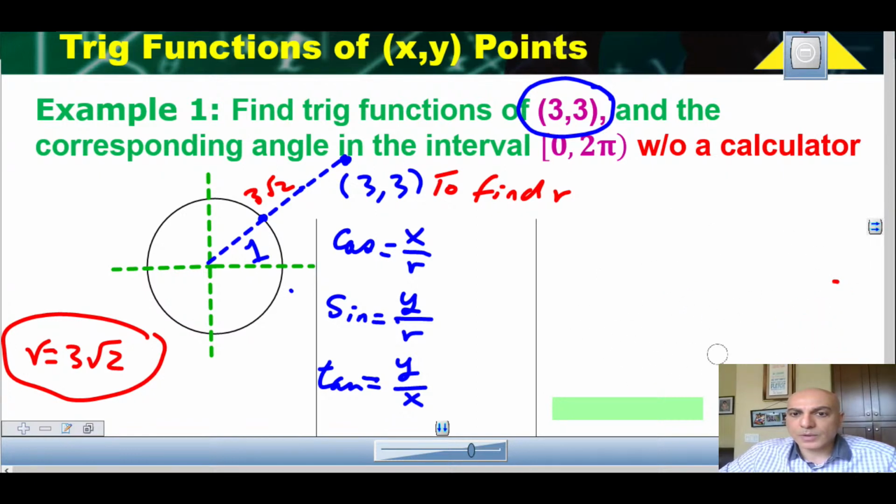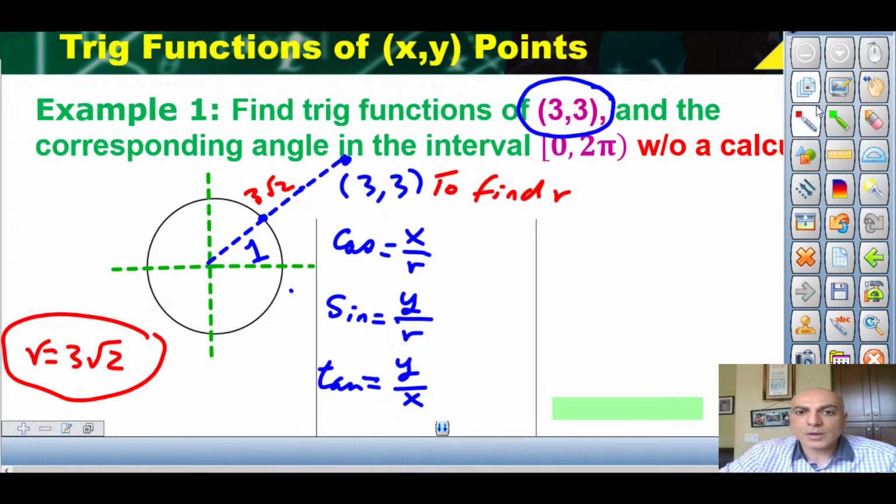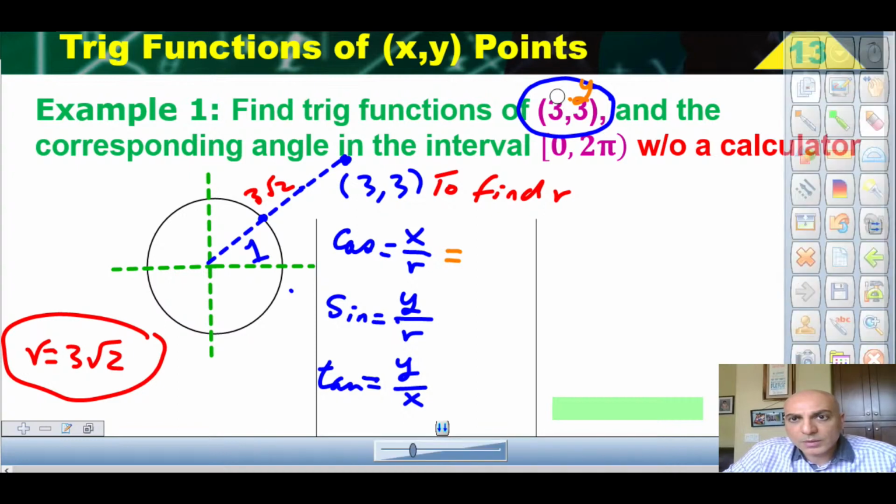And now try to fill in this information here. Okay, so back to this guy here. You're telling me that this is x, and x to me is 3. Remember, this is x and y, x and y, x and y here. So 3 divided by the radius, 3 square root of 2.